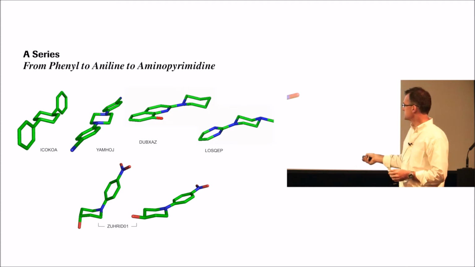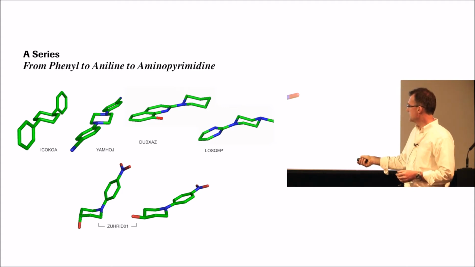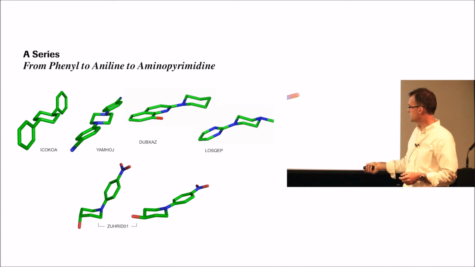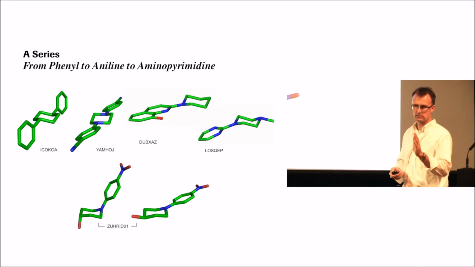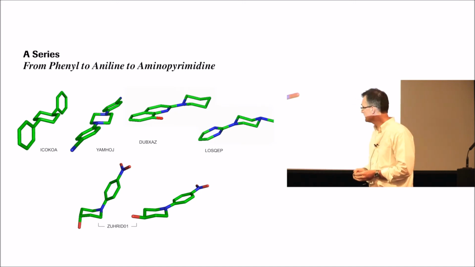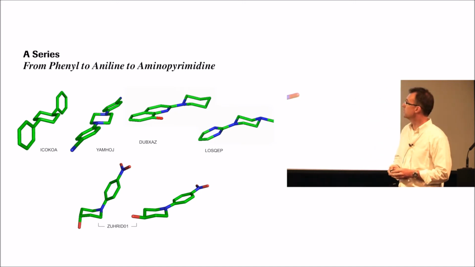And there's one nice example in the CSD where both the pseudo-axial and the pseudo-equatorial conformation appear in one crystal structure. So the energy difference between those two seems to be very, very small. So this is the second point.